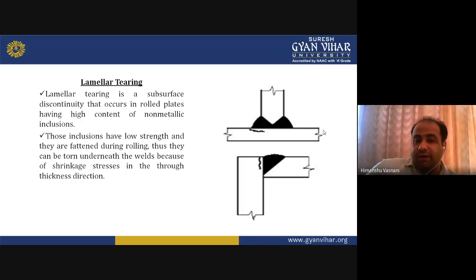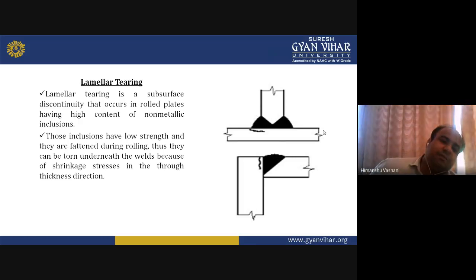So what kind of laminar tearing will help? These inclusions have low strength and they are flattened during rolling. Thus they can be torn underneath the welds because of the shrinkage stress in the through thickness direction. After a particular time they can tear.